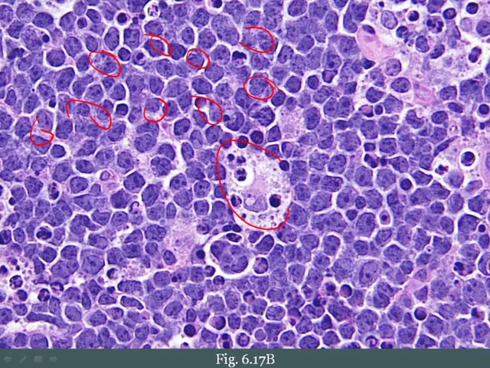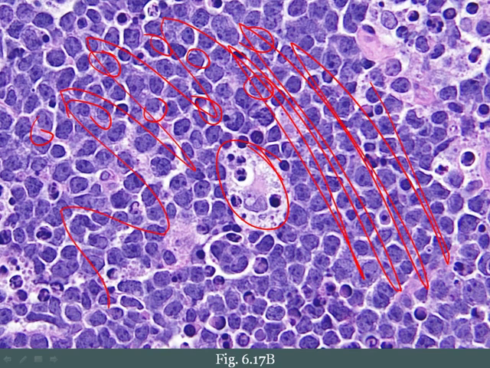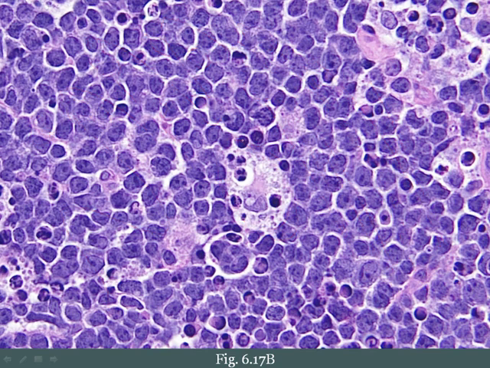And then here, some of the cells are turning over so quickly that they're actually dying, and these are macrophages, i.e. tingible body macrophages, that are present within the tumor and are eating away the cells as they die. They're growing so fast that they die. So that is the star. So the blue represents the sky, and this white area represents the star. And the classic, again, description is a starry sky appearance.